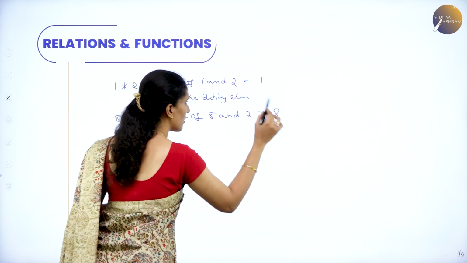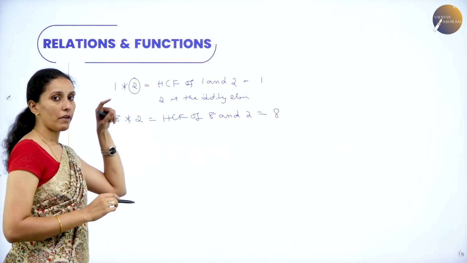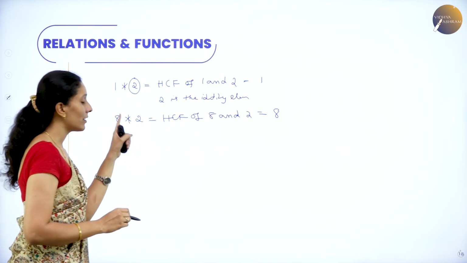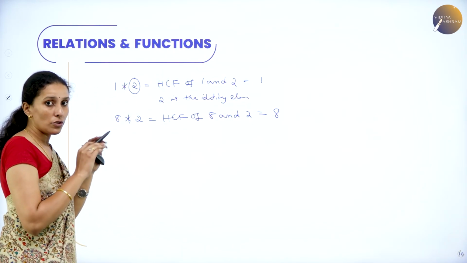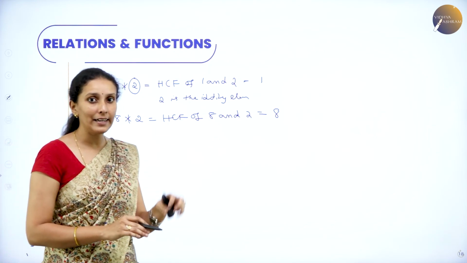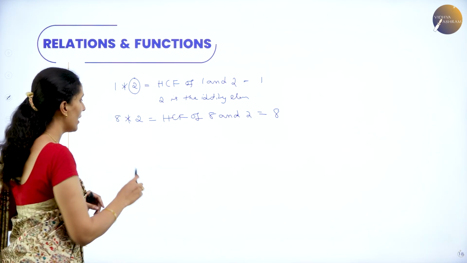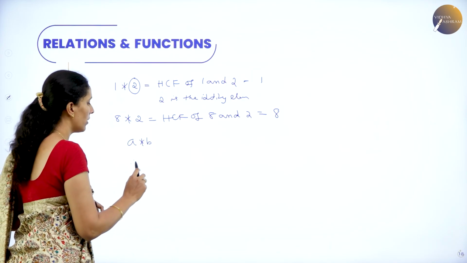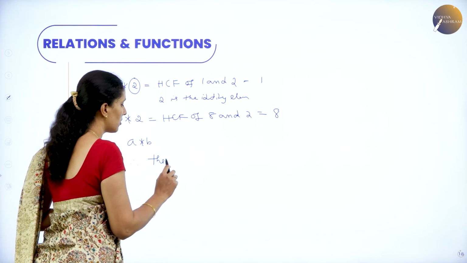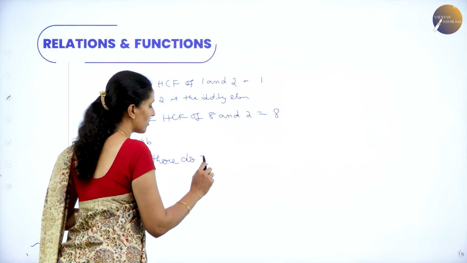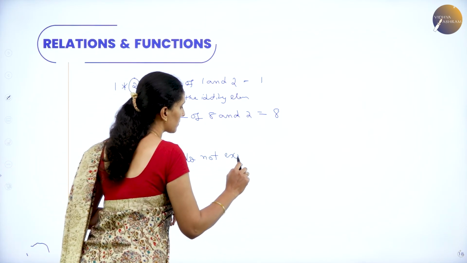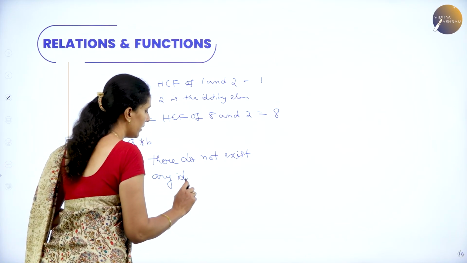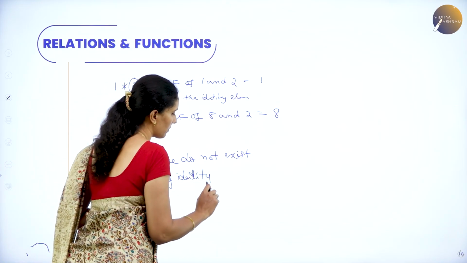I am getting 2. So the same element, when you take HCF with another element, you will get back the same result, but it is different for another one. So you cannot find any identity element in the star A star B. So therefore, there does not exist any identity element.